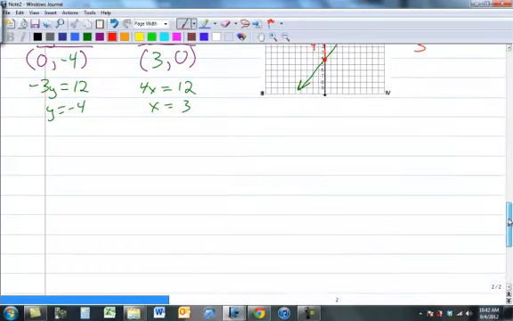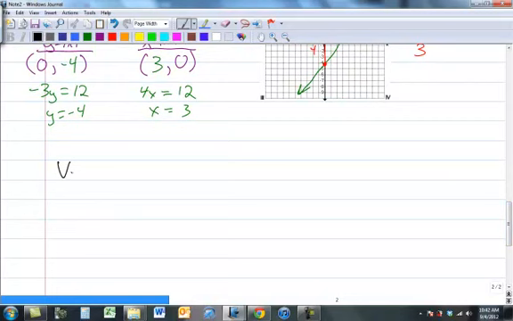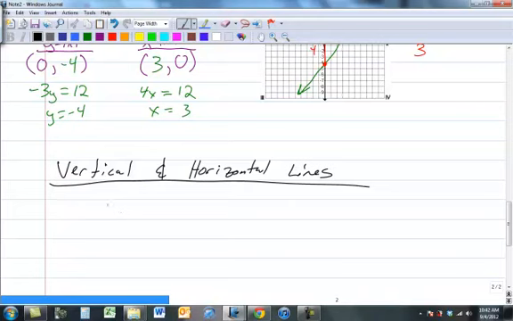One more quick section, vertical and horizontal lines. Horizontal lines always have the equation y equals some number.